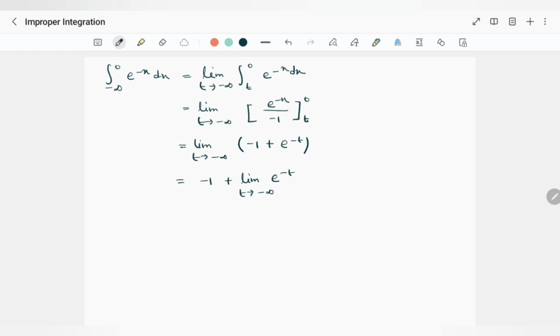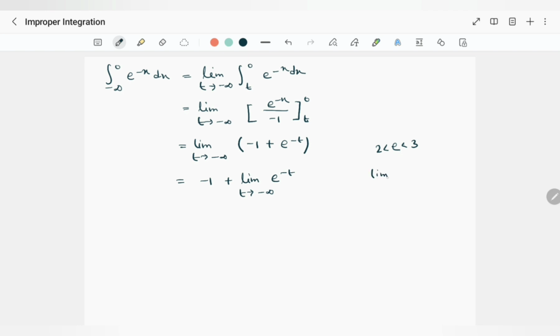Now what is the value of limit t tends to minus infinity e to the power minus t? e is a number in between 2 and 3.